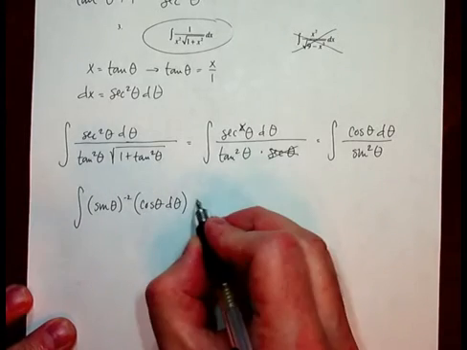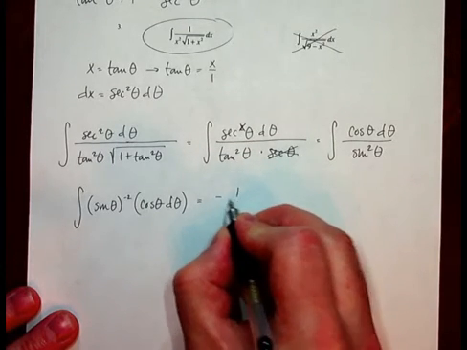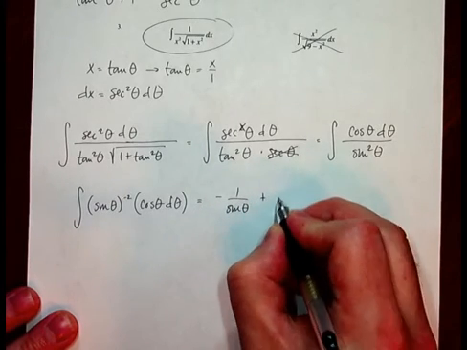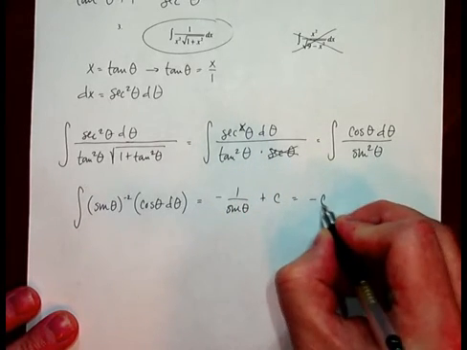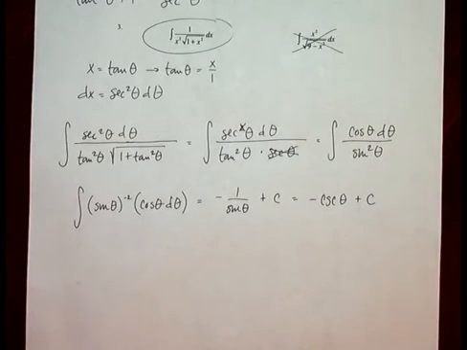Okay, well that basically becomes -1 over sine theta plus c, which is of course negative cosecant theta plus c. All right, well, I've integrated. I've gotten it to an integration answer involving theta. Now I need to change it back to my original variable.